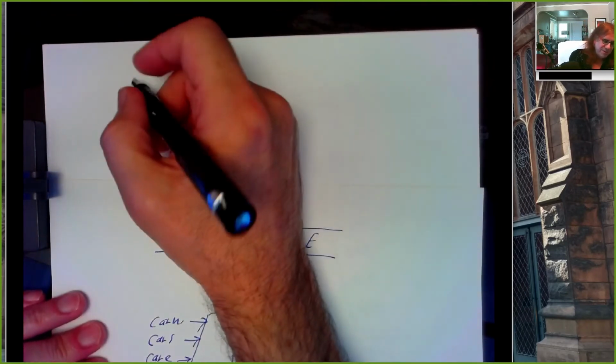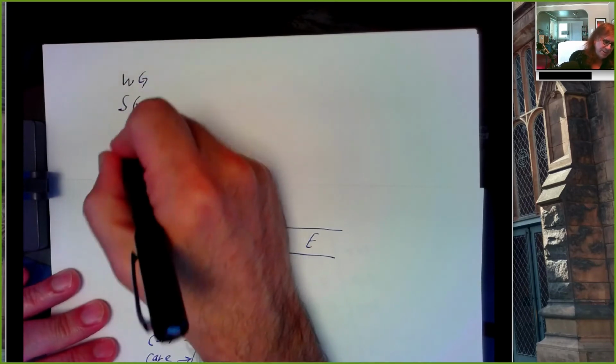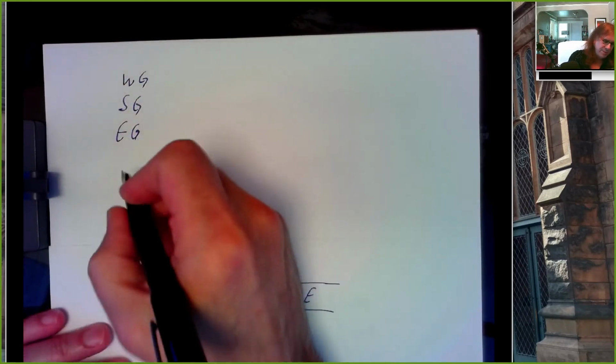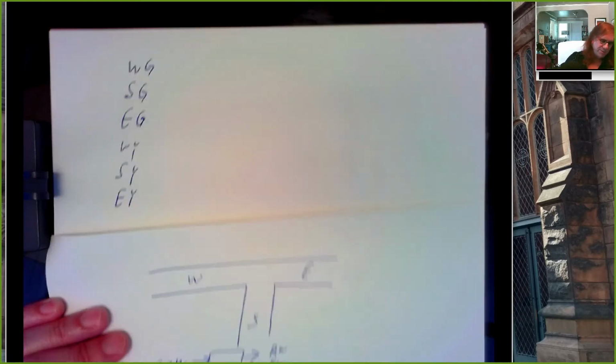So let's think about these following states. West green, south green, east green, west yellow, south yellow, east yellow.